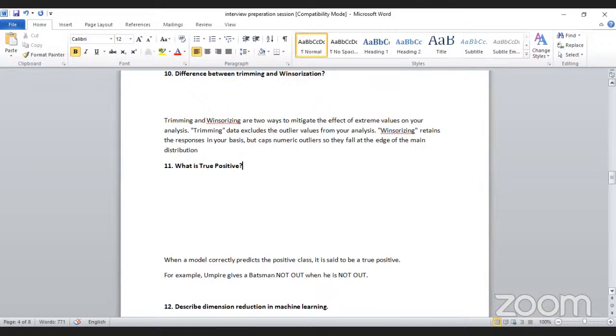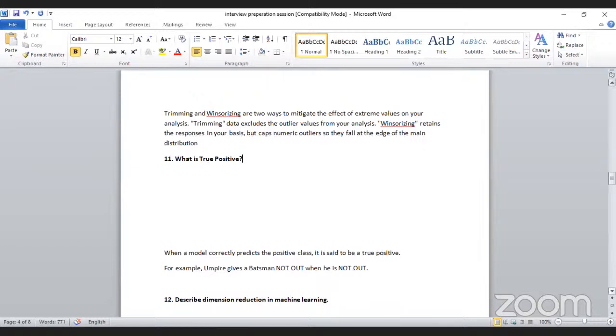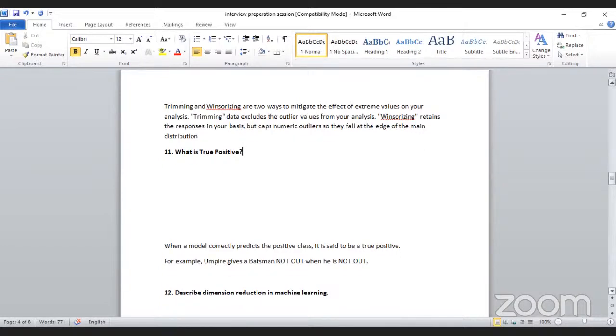So describe the dimension reduction in machine learning. Okay. So the next question is, describe dimension reduction in machine learning.